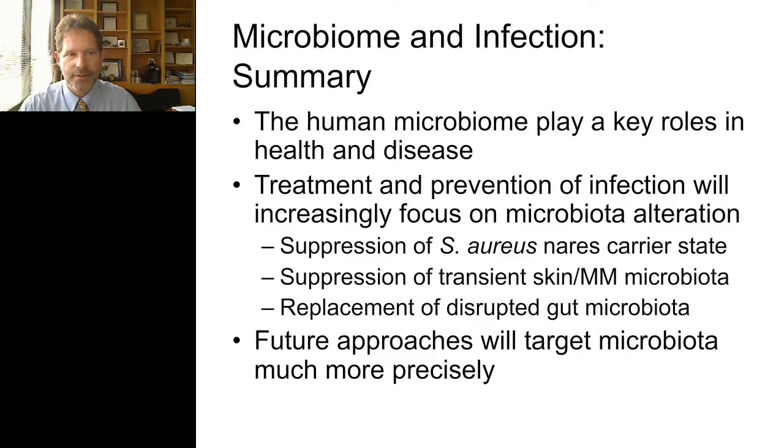Okay, I think I know what the question is. So I think this question was how is it that a member of the normal flora, like Staph aureus living in your nose, how does that become pathogenic? What are the circumstances that allow that to occur? In general, what we think is that Staph aureus that is living harmlessly in your anterior nares doesn't cause a problem until you have some kind of a disruption in normal skin or mucous membrane barriers.